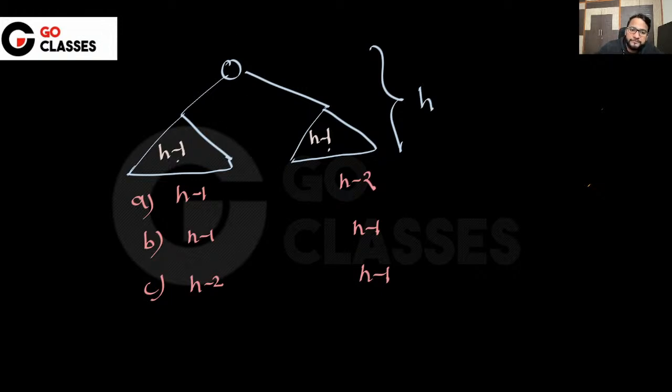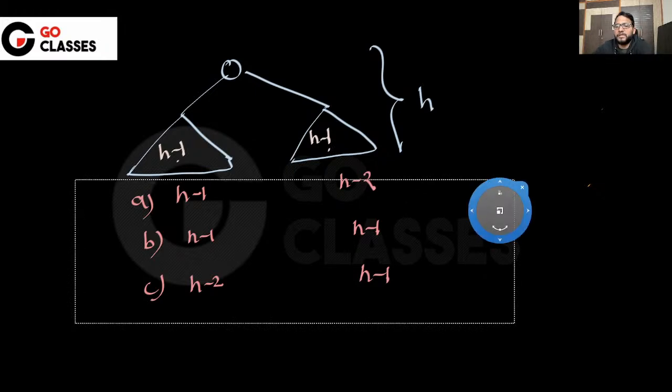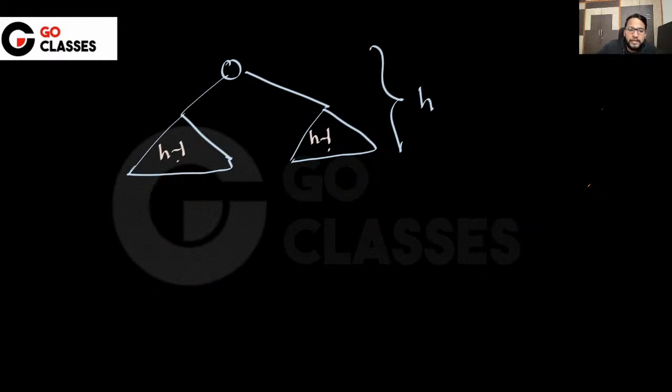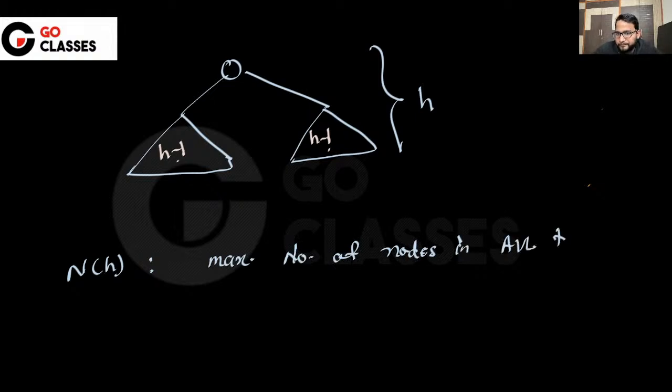So finally you come up with the idea where you are saying that if nh, let's suppose nh denotes the maximum number of nodes in an AVL tree of height h, then can you write this nh recursively?